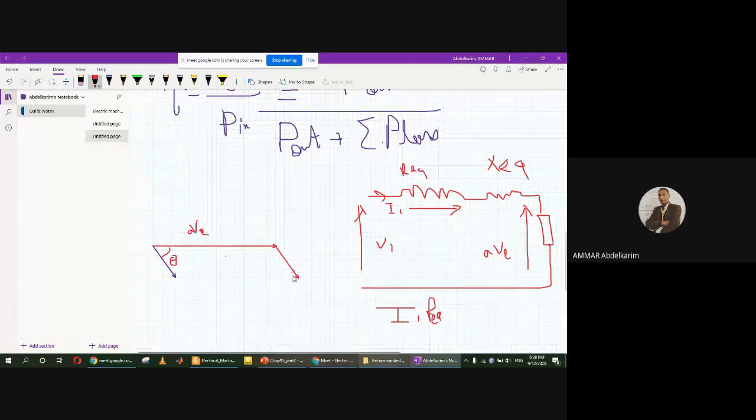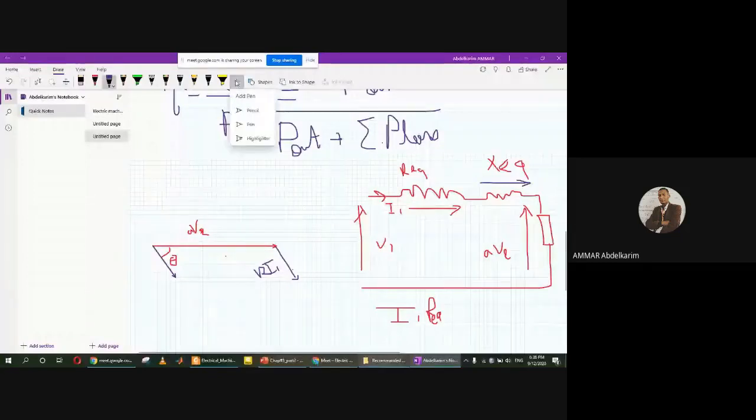So let's do it in the same color as the current. This is the R I1.